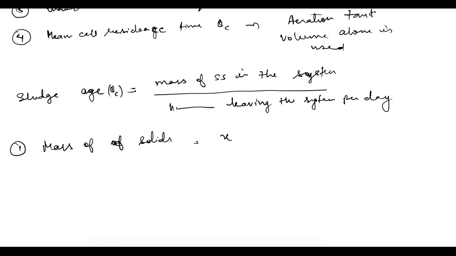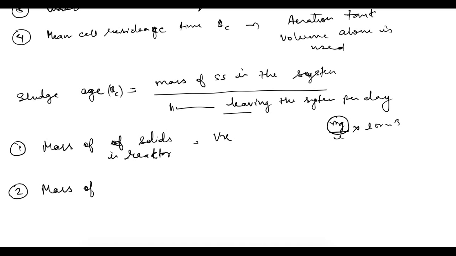So that will give you the mass, that is, for X the unit is milligram per liter, and for V it can be liter or meter cube. So V into X is your mass of solids in system, or in reactor we can write, that is your aeration tank. Second thing is mass of solids. Now we are trying to find out mass of solids leaving the system per day.